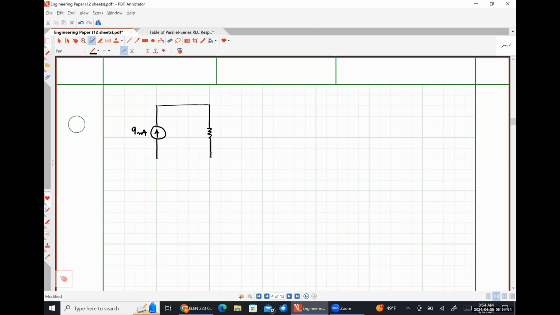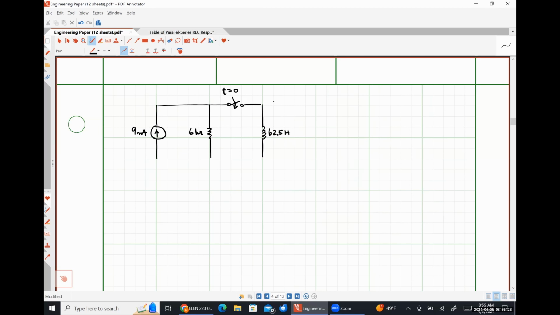Six kilo ohm resistor. Here's a switch that is closing at t is equal to 0. Here's a 62.5 Henry inductor.